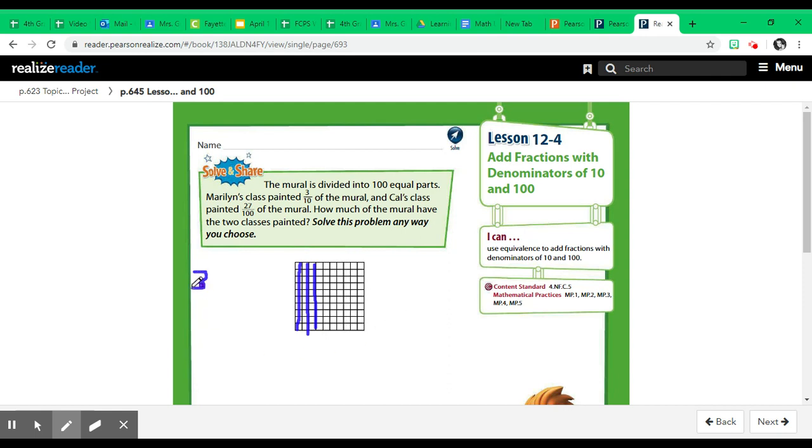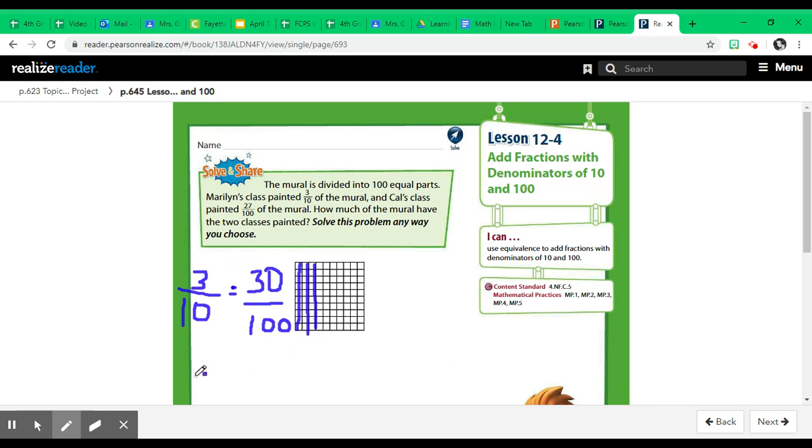So 3/10 is also the same as 30 hundredths. How did I come up with 30 hundredths? Yes, they are equivalent fractions. So the way I know that it's 30 hundredths is if I looked at my picture, I could count each little box and come up with 30.